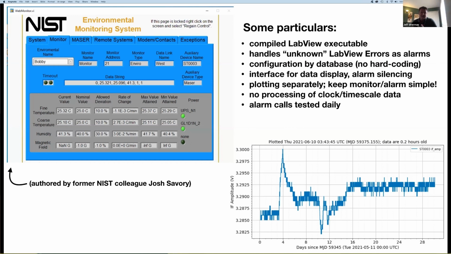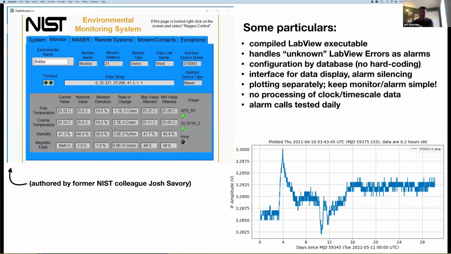You don't get nagged about upgrades. Drivers don't upgrade underneath you, suddenly breaking your software. And the software was implemented in a way that handles native LabVIEW errors, even if they're unexpected. Those errors are turned into alarm messages so somebody can go and look and see what the bug is in the software without the software crashing unexpectedly.